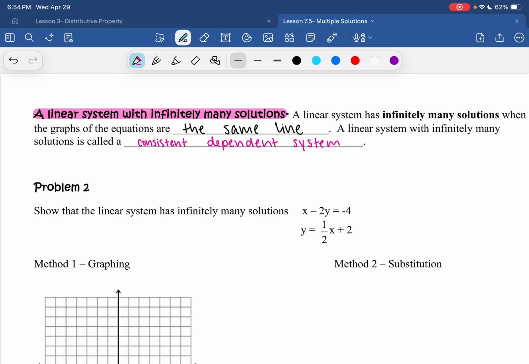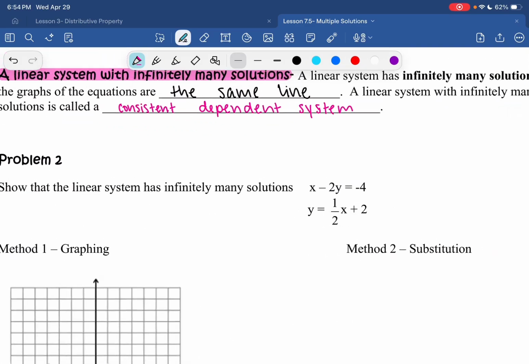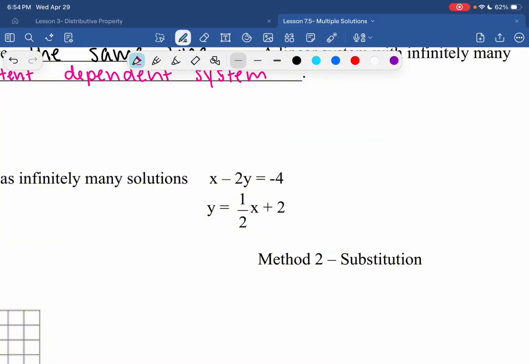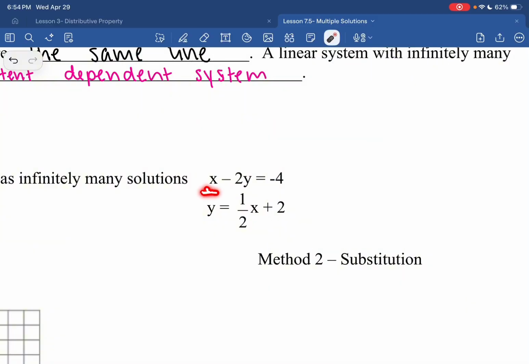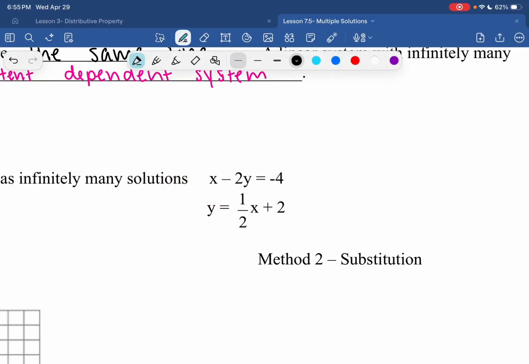So let's practice 2. All right, we have 2 linear systems, right? We have our linear equations. We have x minus 2y equals negative 4, and we have y equals 1/2 x plus 2. Now, lucky for us, one of these is already in slope-intercept form, but this one's not. So we're going to have to put it in slope-intercept form, right?